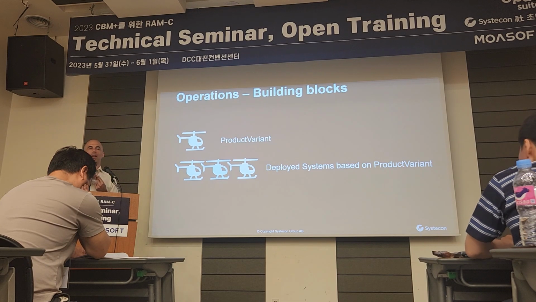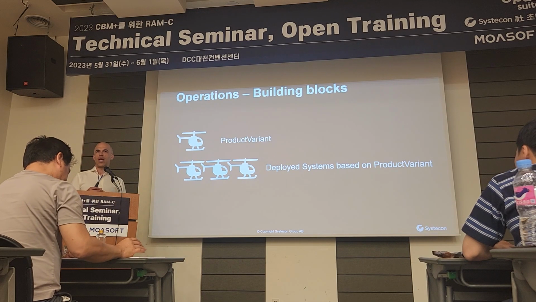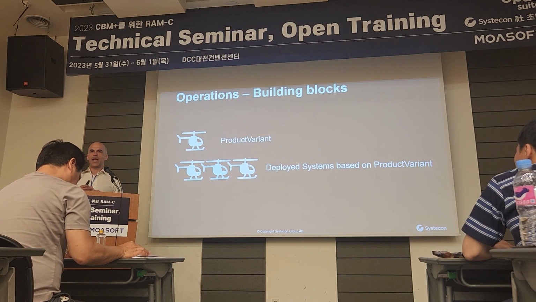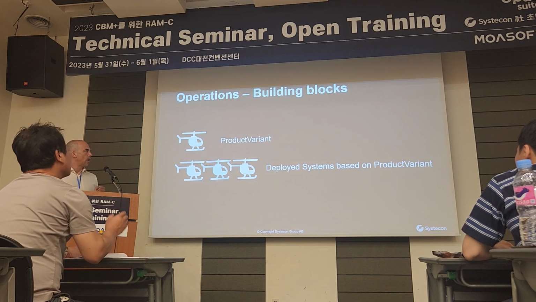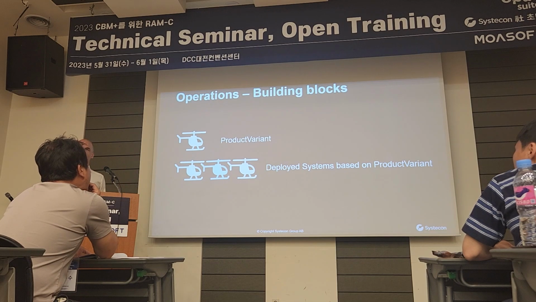And that's when it becomes a system. So you can say, okay, on this base I have 10 systems that have engine type A, and that's what you specify. So the product variant is more of the configuration of the product.